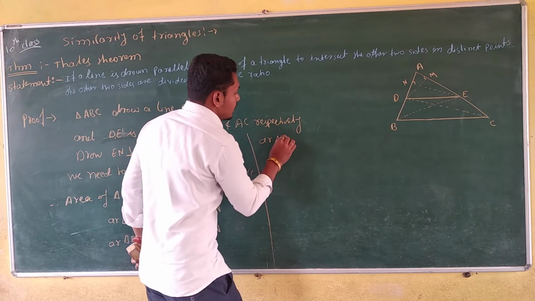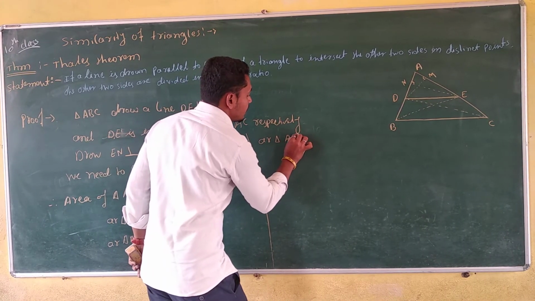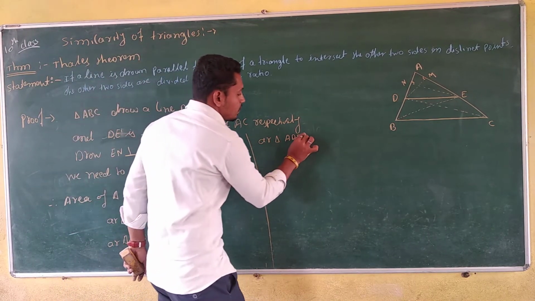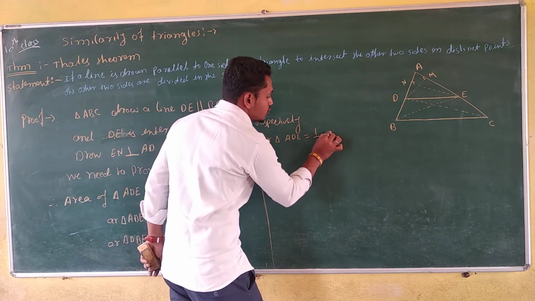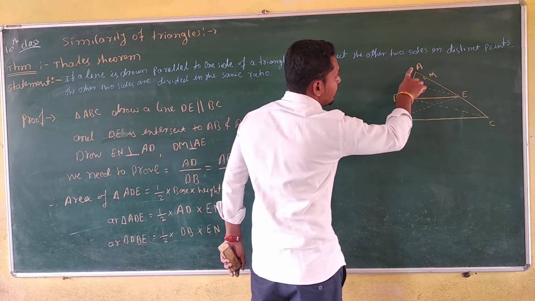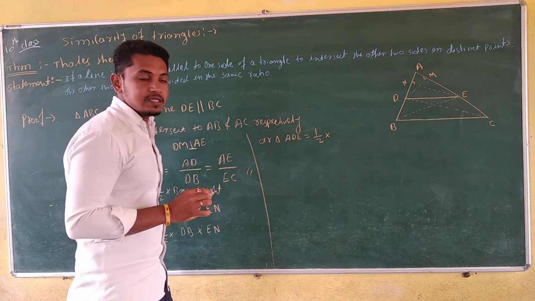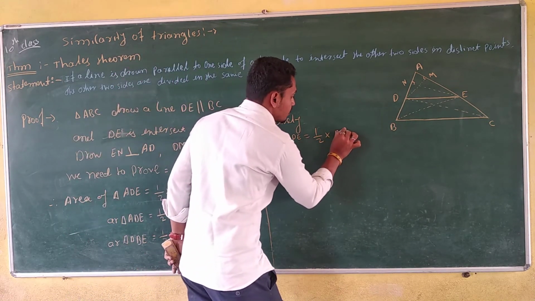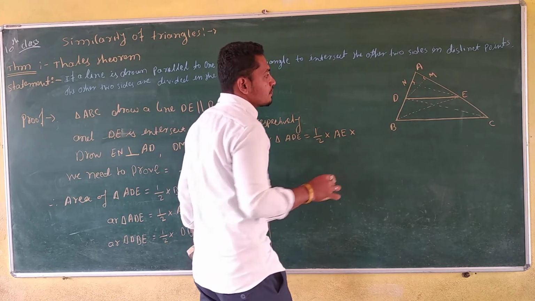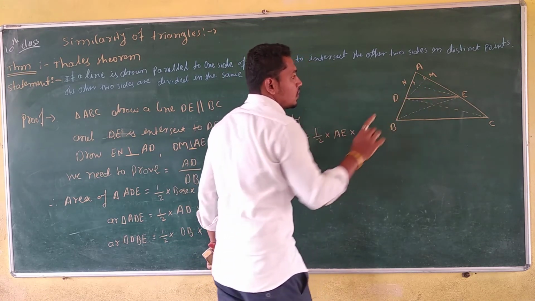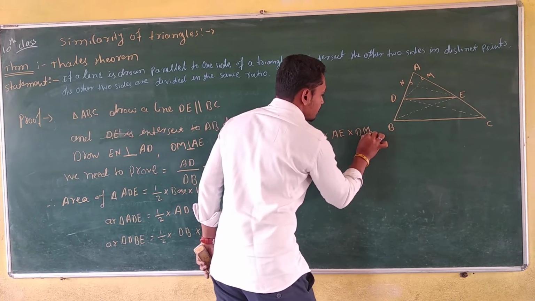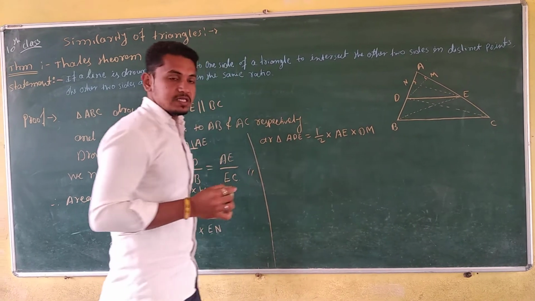See here, the area of triangle ADE is equal to 1 divided by 2 into, now we have to take base AE. Is it right? Base AE into, what is the height now? See here, DM is perpendicular to AE, so that's why the height is DM. Is it right?